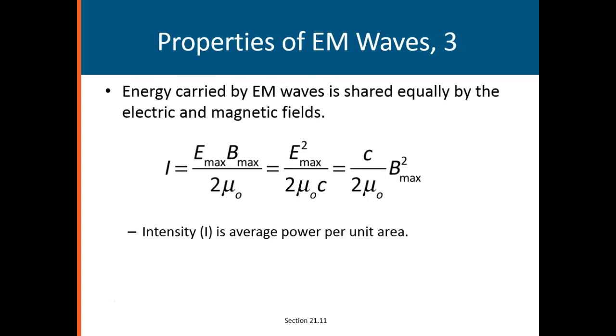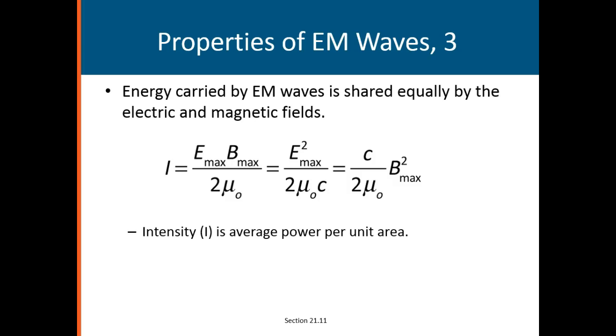Energy carried by electromagnetic waves is shared equally by the electric and magnetic fields. And the I is equal to E max times B max, that's the electric field max, times the magnetic field max, divided by 2 mu naught, that was the permeability of free space, which is E squared max divided by 2 mu naught C, which is equal to C times B max squared divided by 2 mu naught.